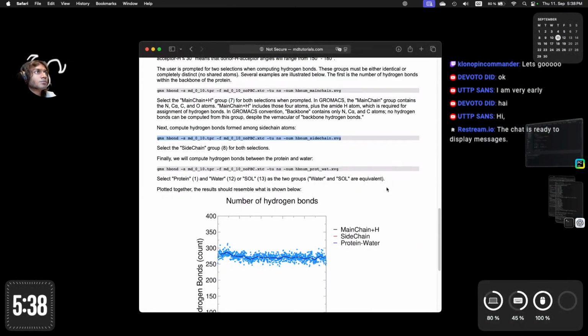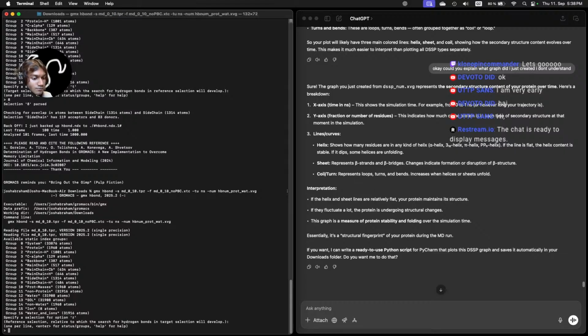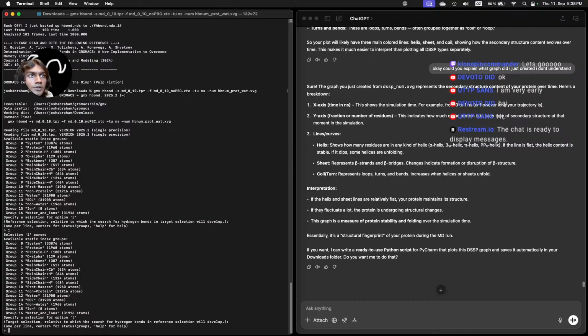Finally, we compute hydrogen bonds between protein and water. Okay. Protein, 12. I'm going to go 13. Protein, 13 is salt and 12 is water.